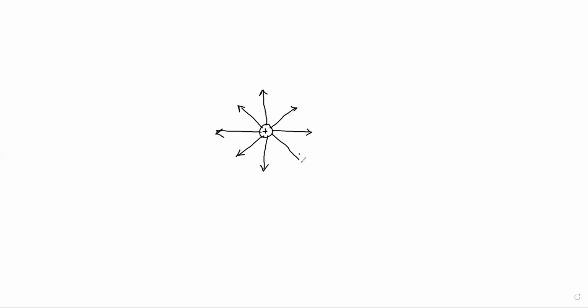So in this case, how will we determine the magnitude of the electric field? Of course, the direction of the electric field is given. We can find the direction by the direction of the arrow. But what about the magnitude of the electric field? How do you recognize the magnitude of the electric field?